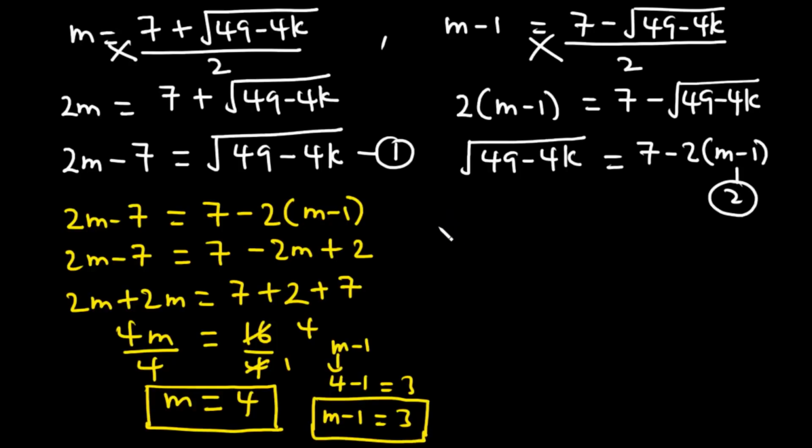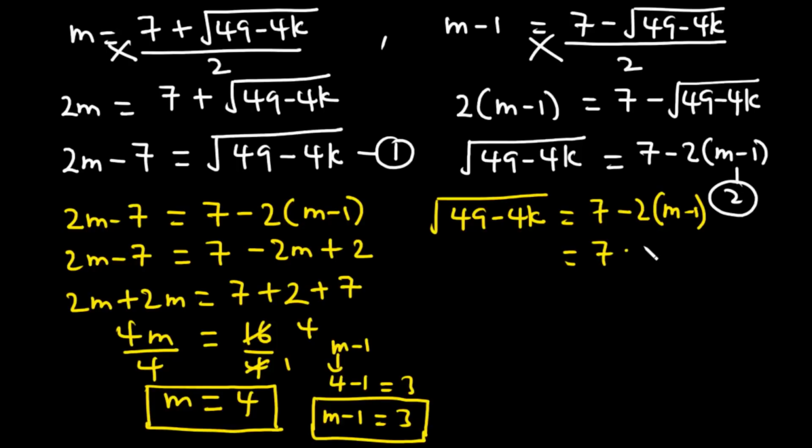Now to find the value of k, according to equation 2, the square root of 49 minus 4k is equal to 7 minus 2 into bracket m minus 1. Now m is equal to 4. So we have 7 minus 2 into bracket 4 minus 1.